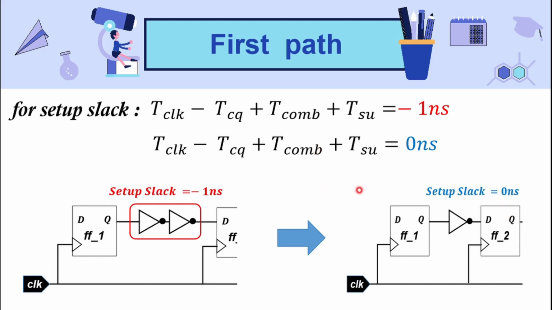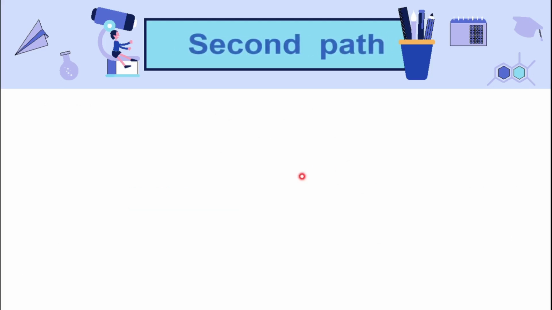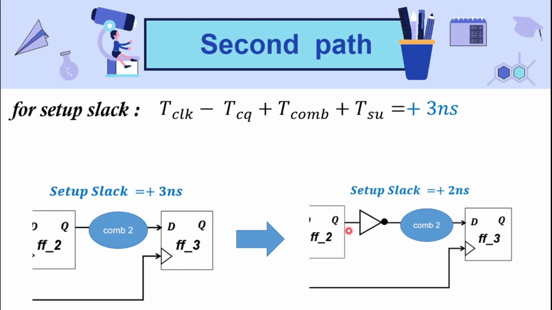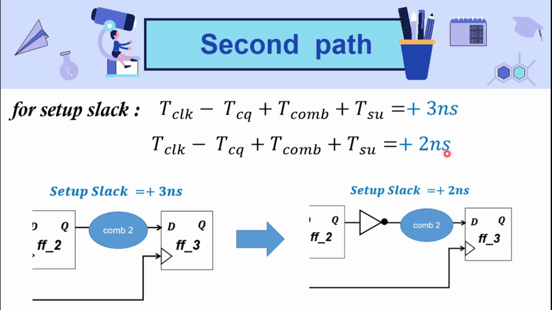So the first path has no violation. Let's see what about the second path. The second path has plenty of setup slack, equal to +3 nanoseconds. If we add the inverter delay to this path, we find that the positive slack is reduced to +2 nanoseconds.